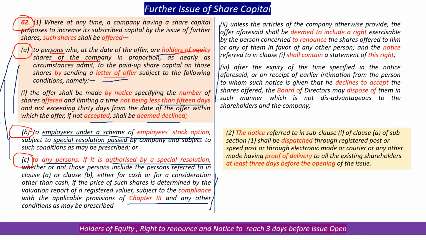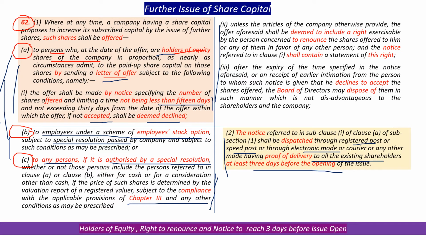How do you reach these letters of offer to these people? It could be sent by electronic mode, by registered post, or by speed post, but ensure that you get an acknowledgement, and it has to reach them at least 3 days before the issue opens, and once issue opens they have got 15 days. And this is called a rights offer.